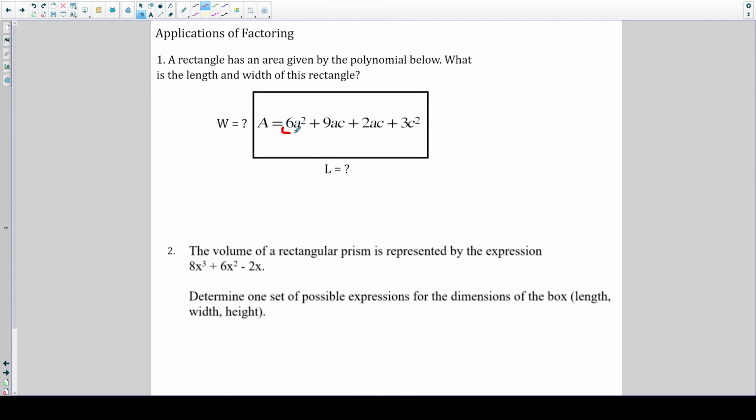So let's go ahead and try doing that. So grouping up my first 2 terms, grouping up my last 2 terms, we can factor out a GCF of 3a here, leaving us with 2a plus 3c. I can factor out a positive c, leaving us with 2a plus 3c.